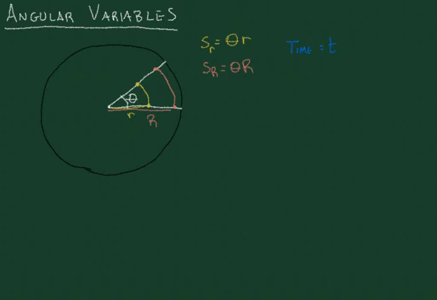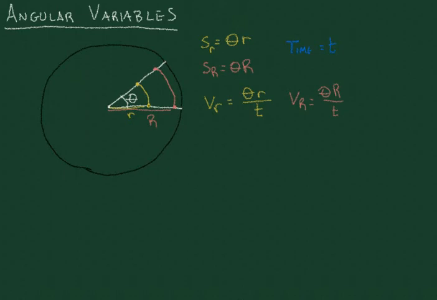So the velocity for the inner point is equal to theta times r divided by t. The velocity for the outer point is theta times big R over t. So we see that the point on the outside is moving at a faster velocity.